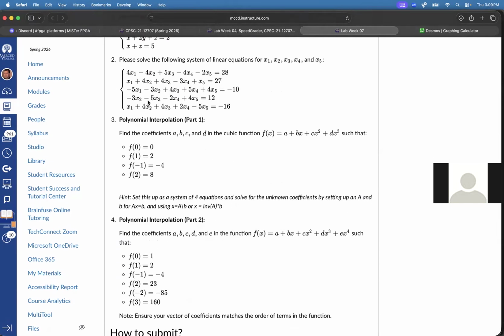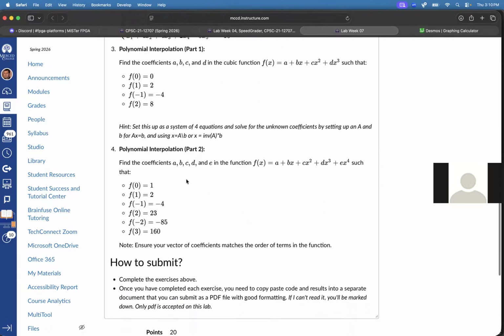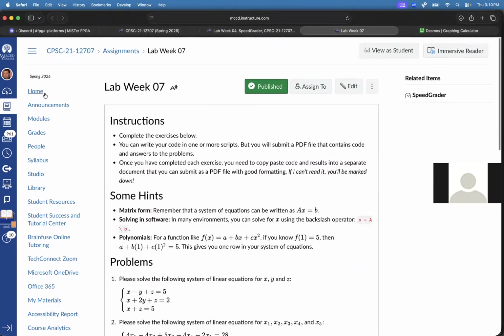You have to type them in and get the answer. This is just like what we did, but in here it says set this up as a system of 4 equations and solve for the unknown coefficients. And same thing here. I want you to solve it by writing the system of equations down. That's the first way that we did it.